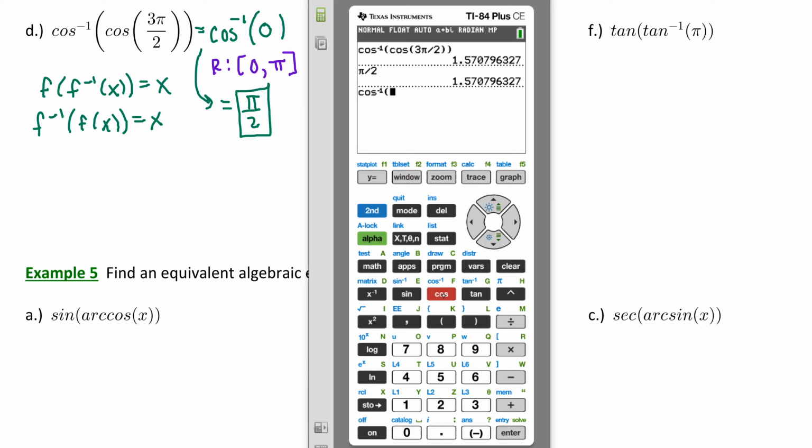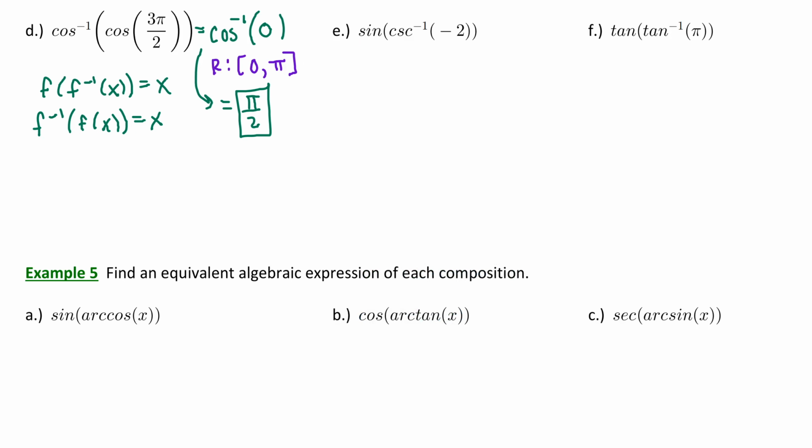For example, if I did inverse cosine of cosine of a quadrant 1 angle, like pi over 4, the inverse cosine and cosine are going to cancel out, and notice it yields the argument pi over 4. So again, paying close attention to the range will help you catch those special cases like example D.